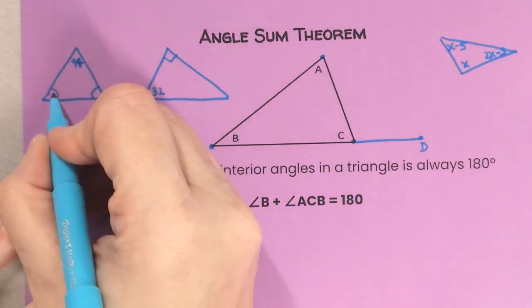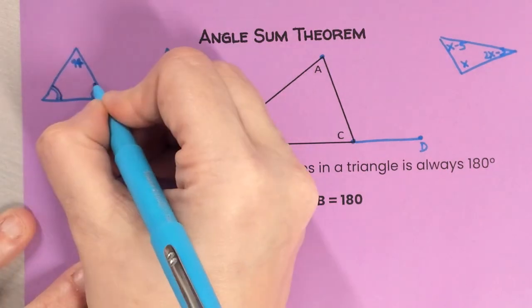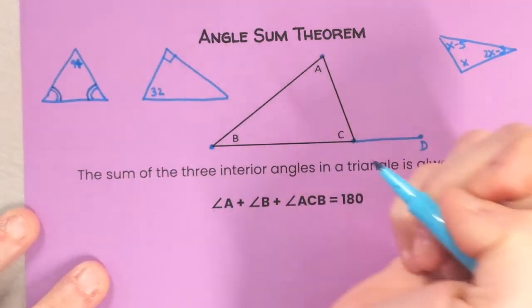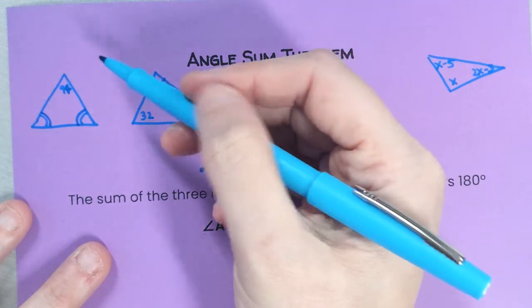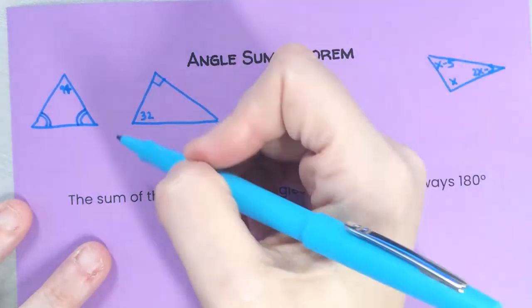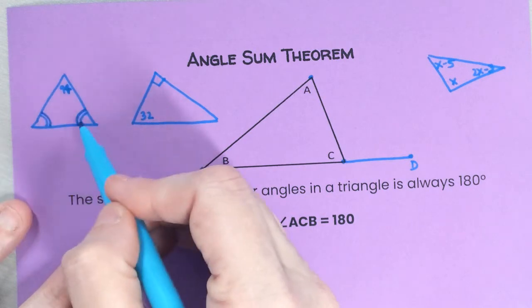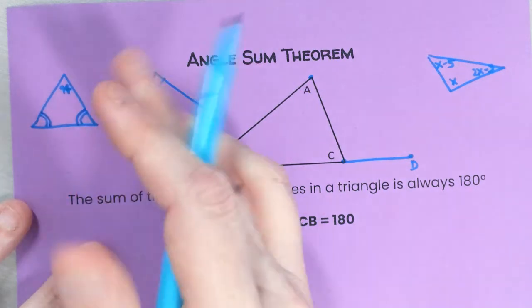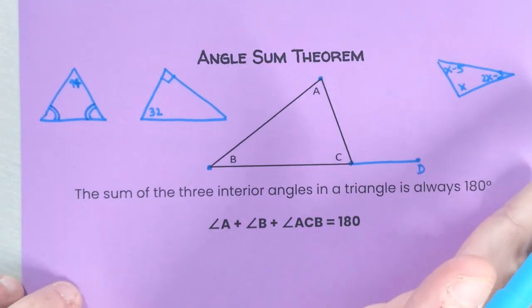Well, these symbols here mean that these are congruent. You might also see them like that. For example, if I had one angle that was the same and I had one that was different, it's hard to explain, but the number of little arcs tells you which ones they're congruent to. And I can show you more examples of that when we get back into class.